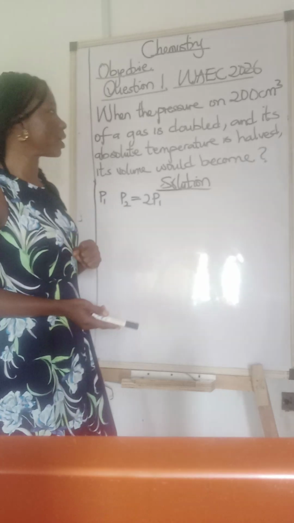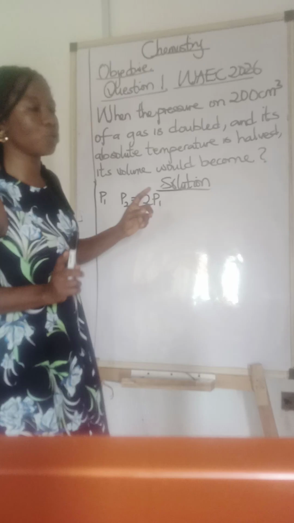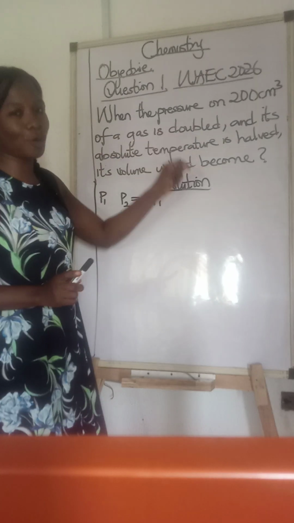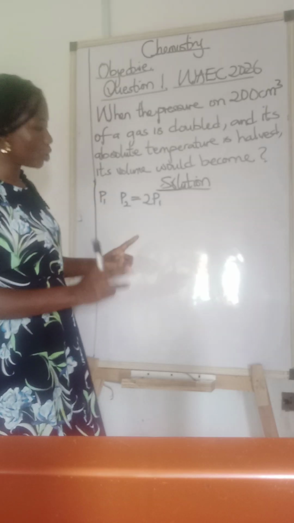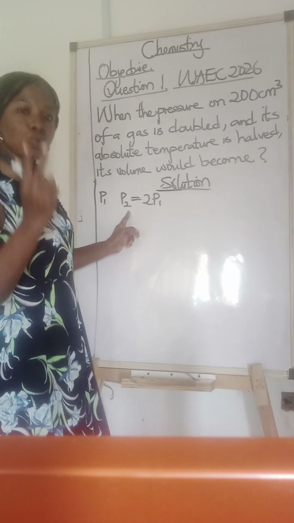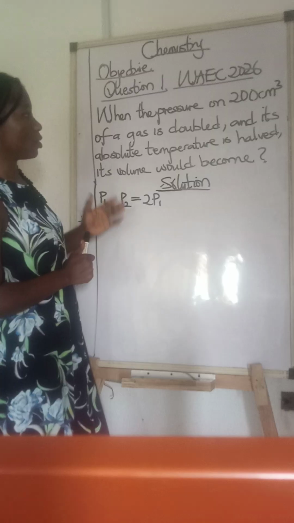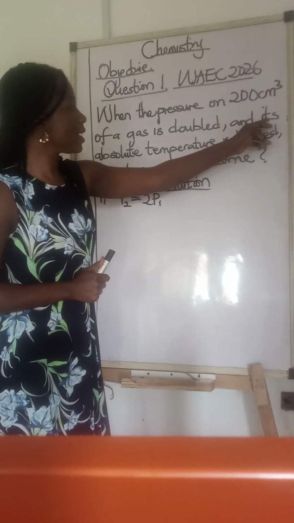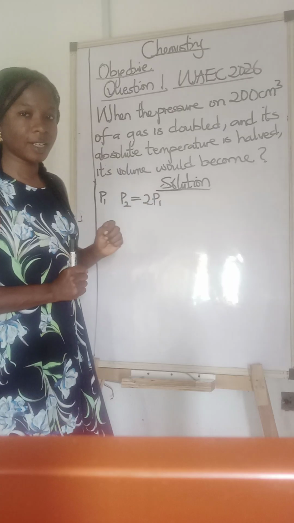Let's take the question again. It said when the pressure on 200 cm cube of a gas is doubled. That means we have first pressure and second pressure. The first pressure is P1, the second pressure is double of the first pressure. Let's continue. And its absolute temperature is half.